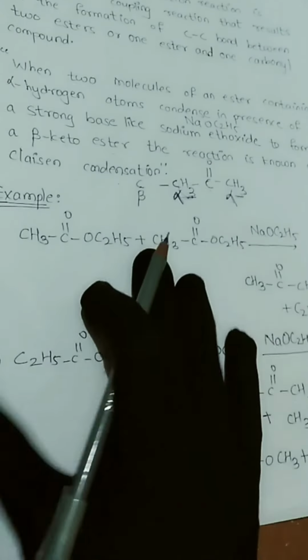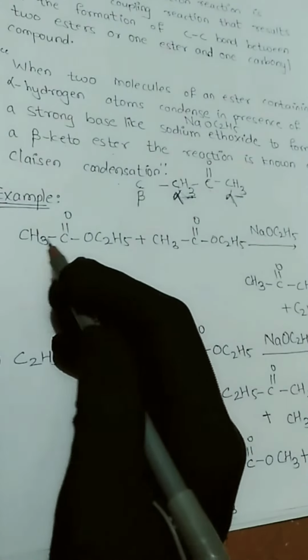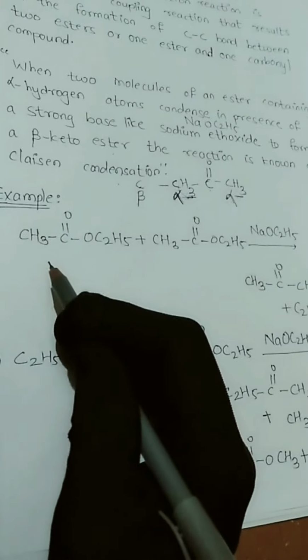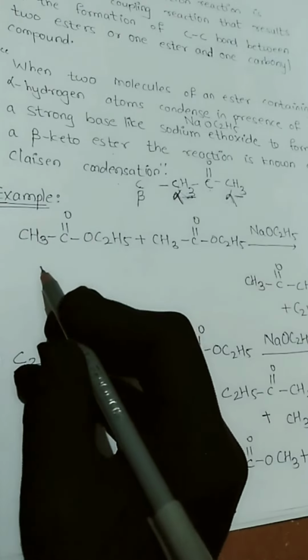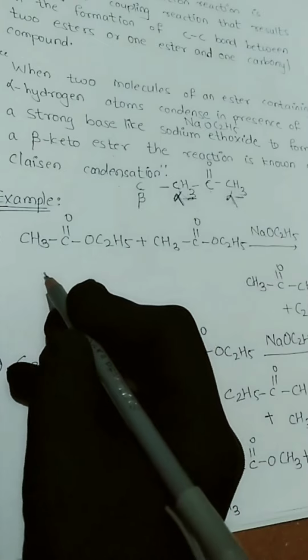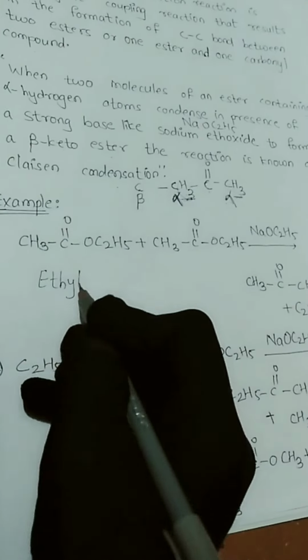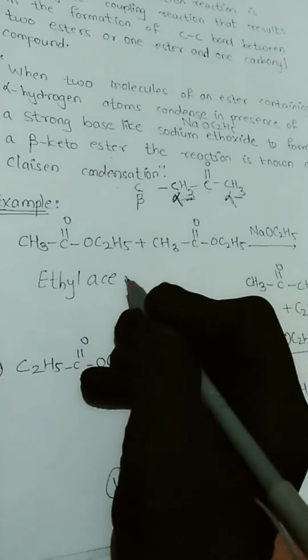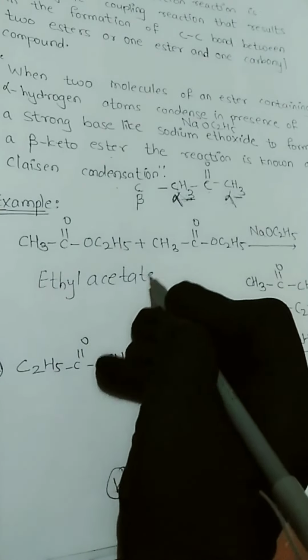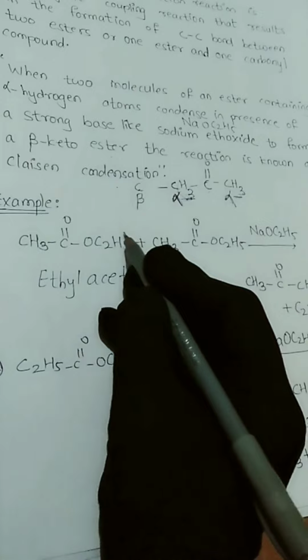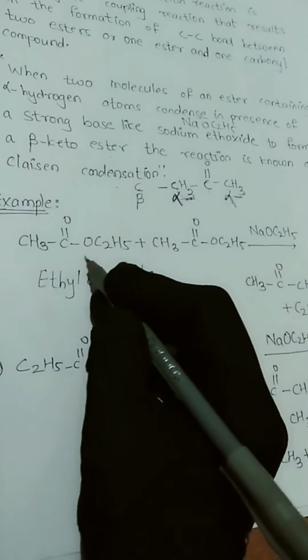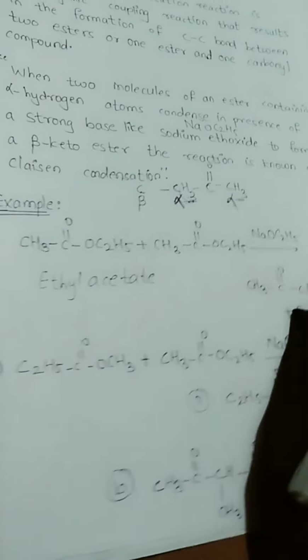So let's understand it better by taking an example. I have taken an example of ethyl acetate. This is ethyl and this is called acetate.